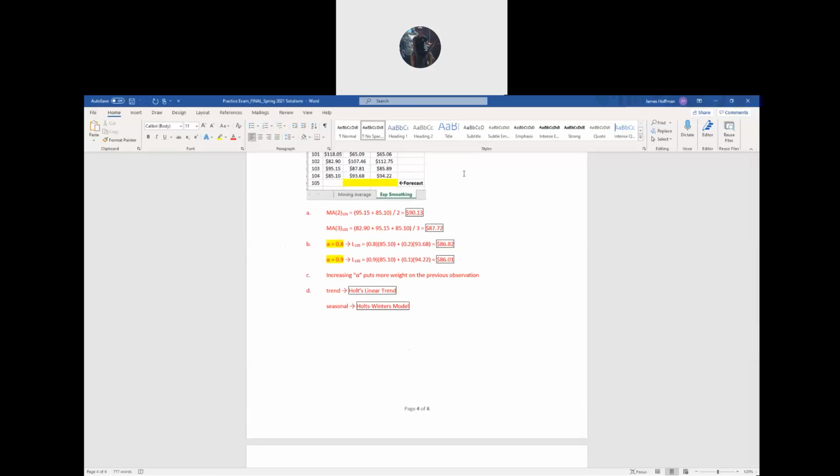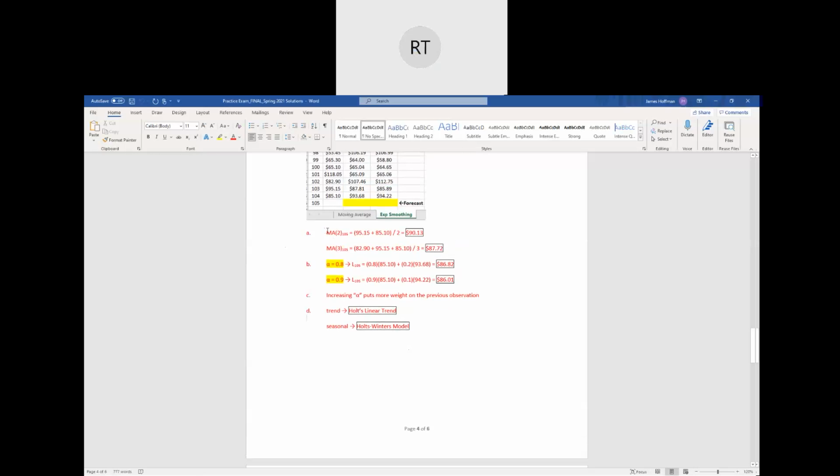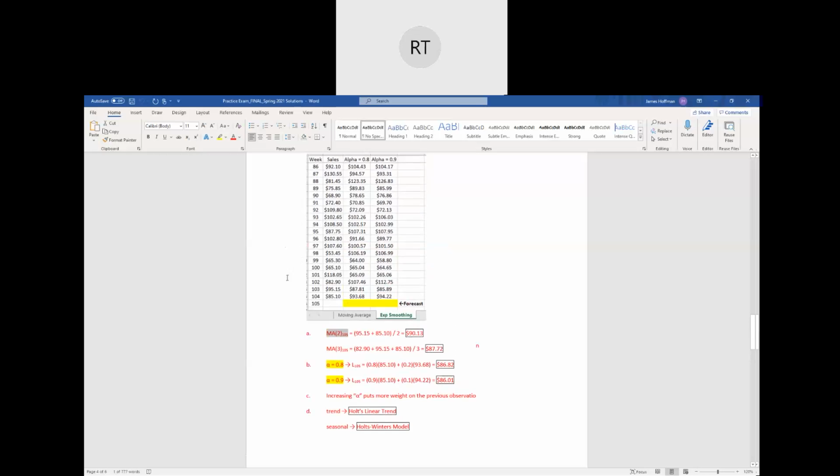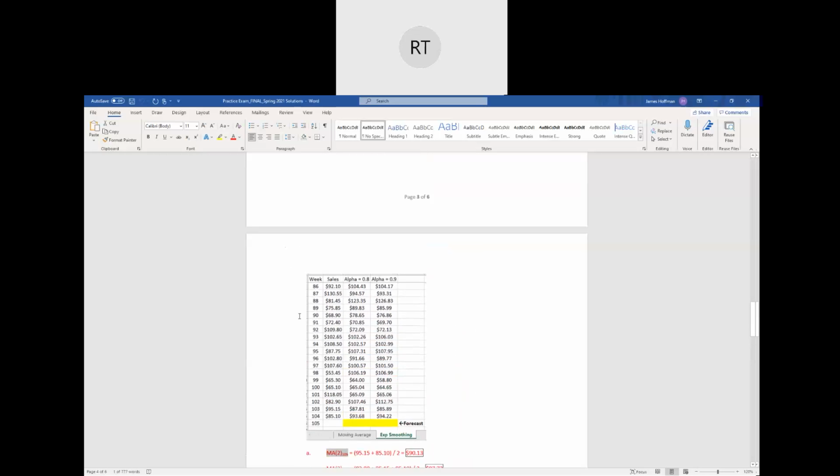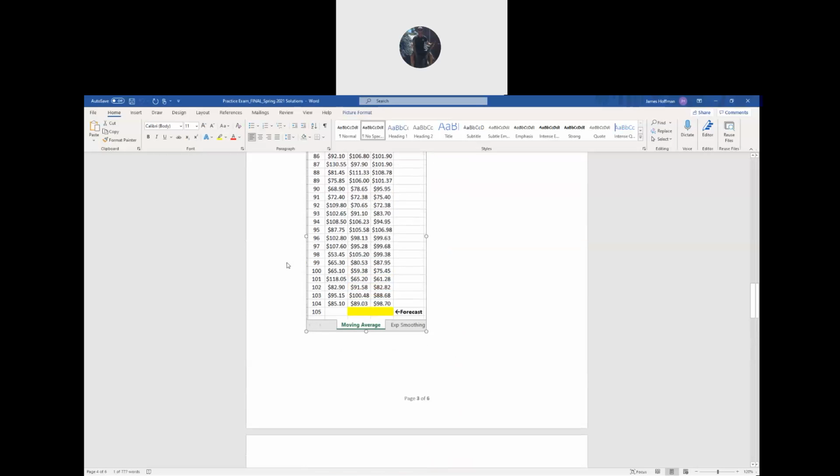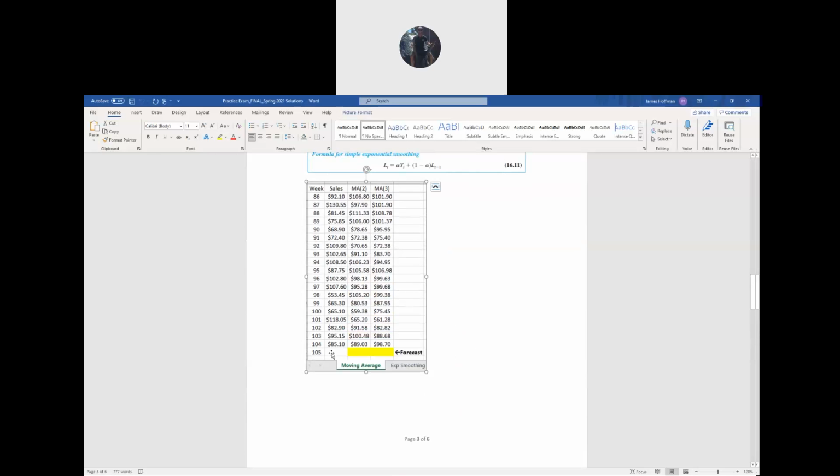Wait, Professor. Yes. For the MA2, for the 95, 15, and 8510, that's just the sales for 103 and 104? We just use those values to solve it? Yeah. If you do an MA2, you look at the moving average screen cap here, and an MA2 for whatever month you're forecasting is the average of the last two observations from the sales data.